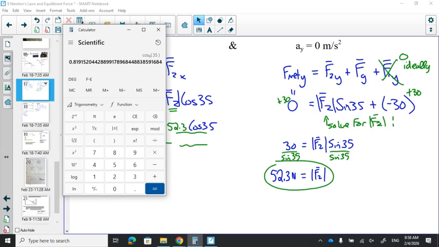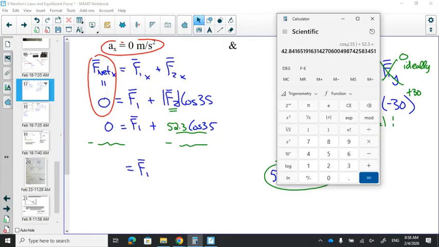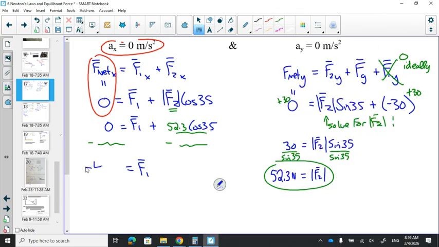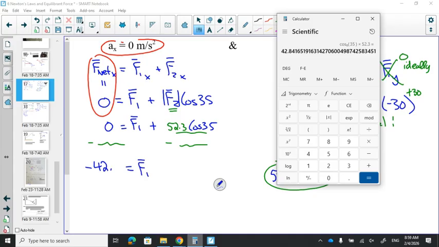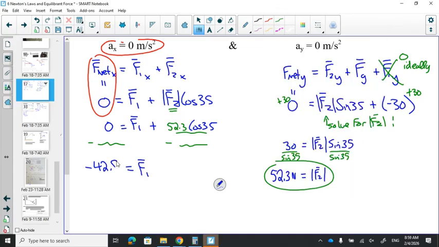I forget whether I should have stored that 52.3, all those decimals, and then I could have used that, but I mean, not worth redoing calculations at this point. We get that number, and of course we subtract that from both sides, and we're getting a negative 42.84, so 42.8 newtons. Okay.